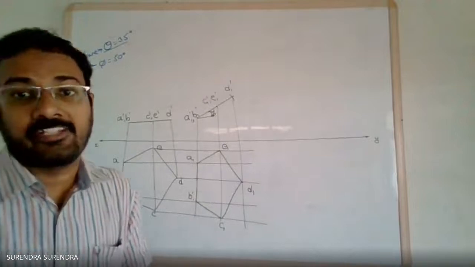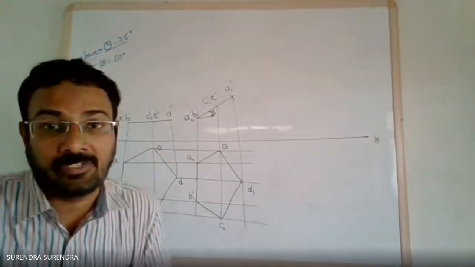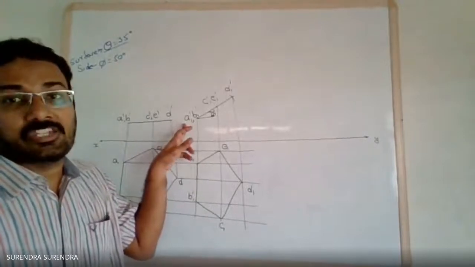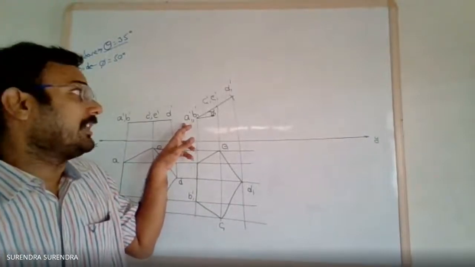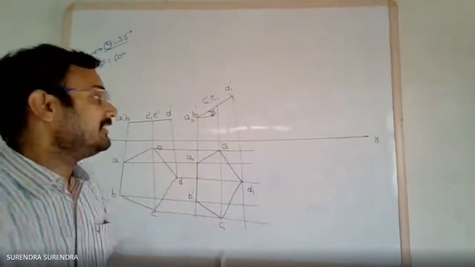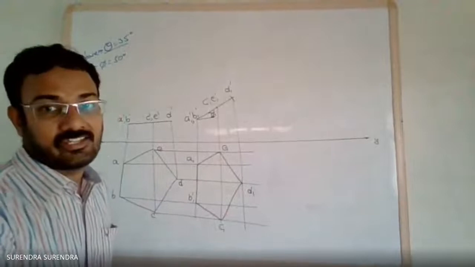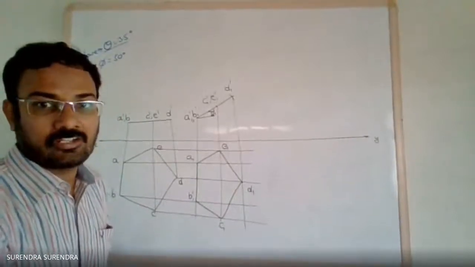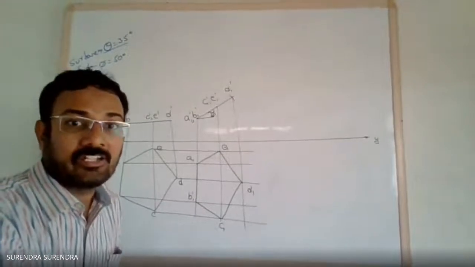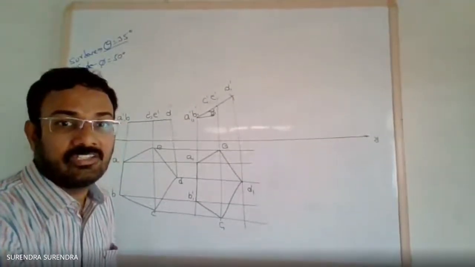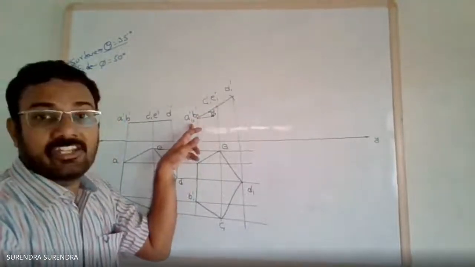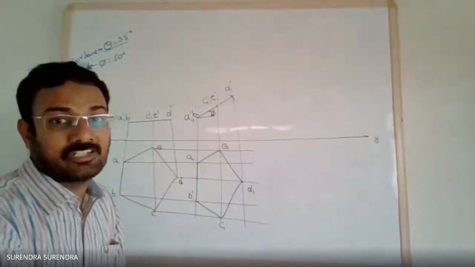The points A1 and B1 are at the same height from the HP. So AB is the edge which is parallel to the horizontal plane. Even though C and E are also at the same height from HP, CE is not an edge. C and E are opposite corners of a pentagon, but there is no edge joining CE. So AB is the edge which is parallel to the horizontal plane.